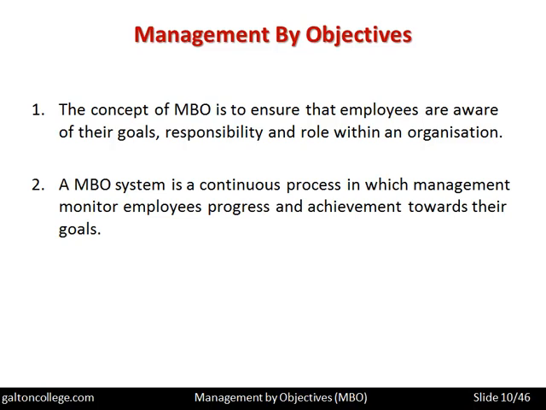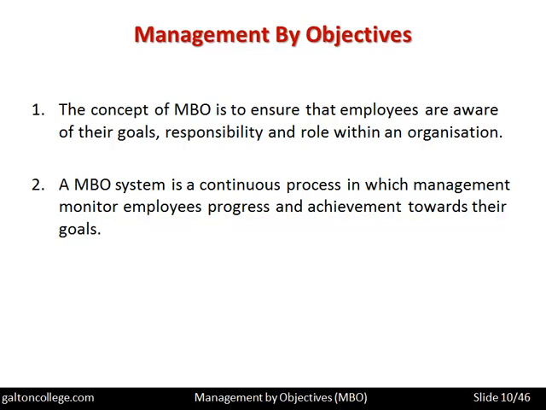A management by objective system is a continuous process in which management monitors employees' progress and achievement towards their goals. So the management monitor the employees, and they must monitor the employees on a regular basis. In fact, all parts of the organization should be monitored to ensure that all employees and managers are achieving what's asked of them.